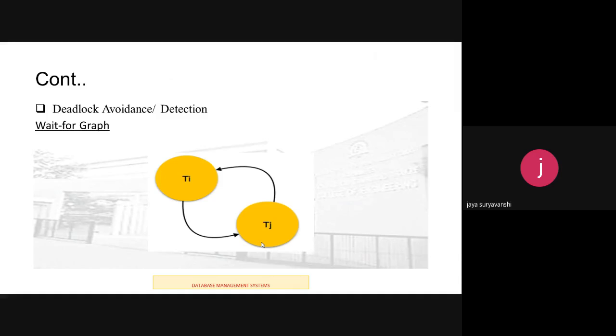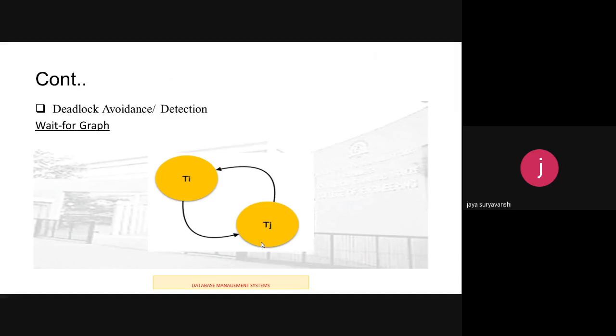Detecting a deadlock situation in advance is always good, instead of aborting a transaction. Okay, suppose we detect that a deadlock may occur in a transaction, so it is good to detect it instead of aborting that particular transaction.